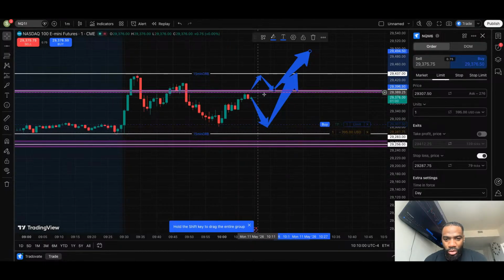But it has to show like a strong level. It has to tap it a few times. This level right here.